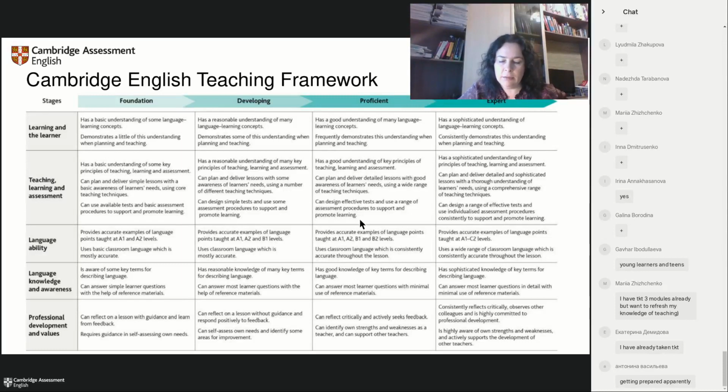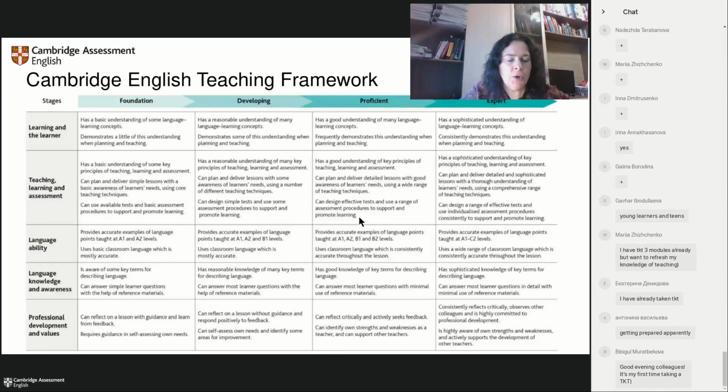So let's take, for example, the first area, learning and the learner. This covers quite important aspects of our job, to be honest. For example, at the foundation stage, you can see different stages highlighted here.